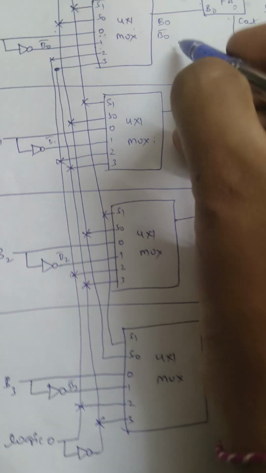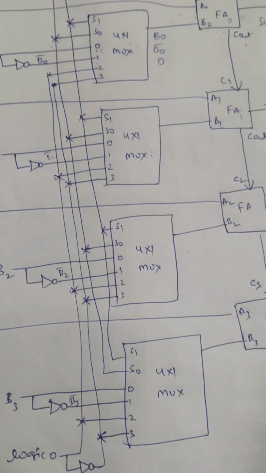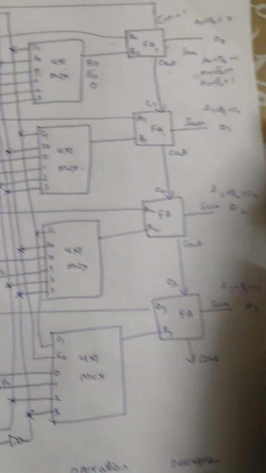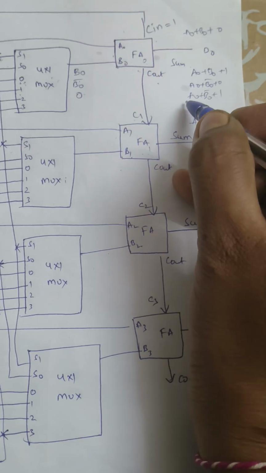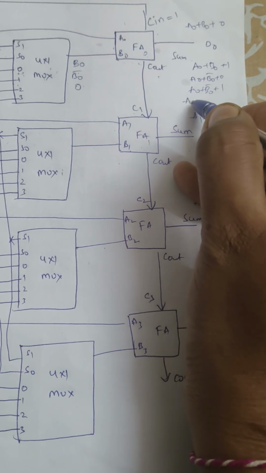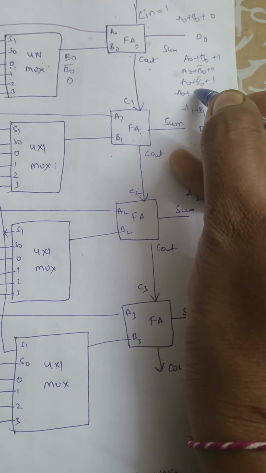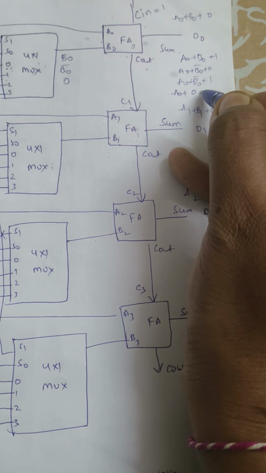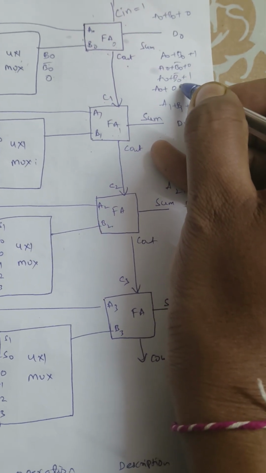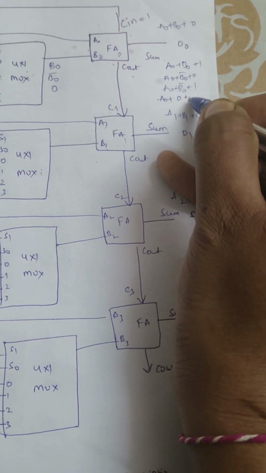Therefore the output we will get is logic 0. So the final output is the full adder output A0 plus B0 bit, which is 0, logic 0 selected, and with the carry equal to 0 ones and 1 is 1.